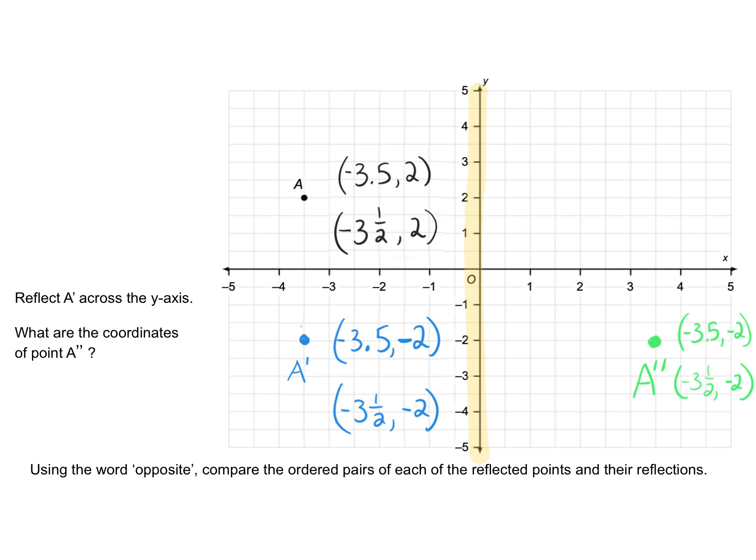And I just noticed I wrote something wrong, I said the wrong thing and wrote the wrong thing. It is positive 3.5 when I went 1, 2, 3.5. That was positive 3.5. And I just checked my work because I see that if I reflect over the y-axis, the y value should stay the same, but the x value should be its opposite. And now I fixed it, so it is. That's how we could use the word opposite to compare the ordered pairs of each of the reflected points and their reflections.